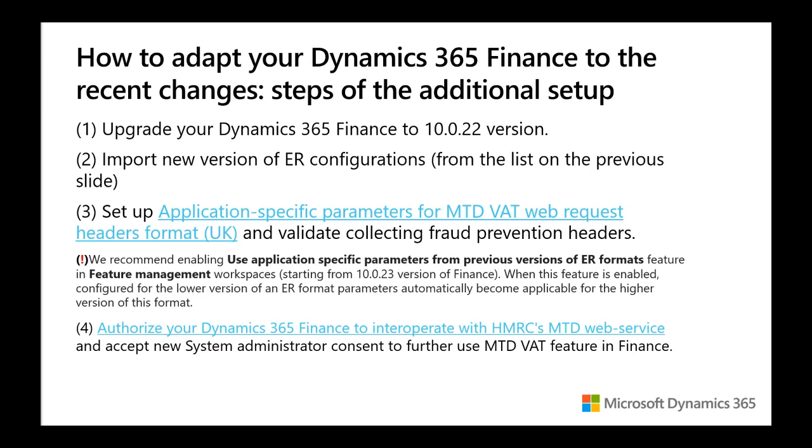We do not recommend any particular web service. This should be a web service of the company's choice in accordance with their policy and security rules. The process of how to set up the new application-specific parameter will be shown in the demo later today, and it is also described in our renovated documentation on docs.